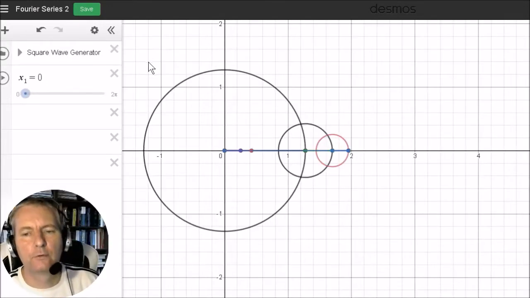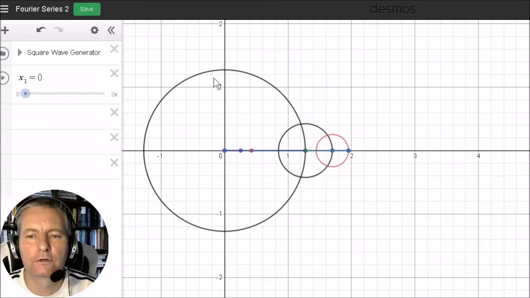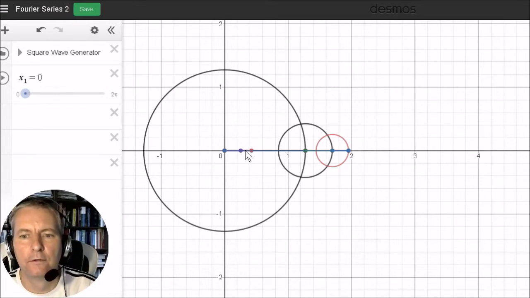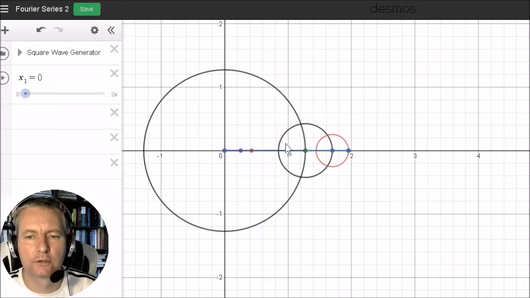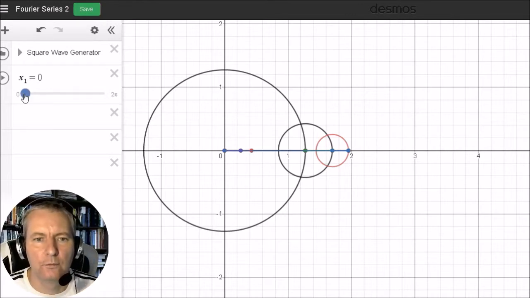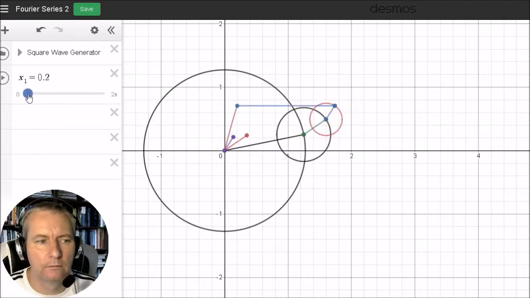So here's another graphical representation of the first, the third and the fifth harmonic summing up to give us that square function. I'll move this along a little bit. Now it's quite a busy little diagram here, so I'll try and explain it. We've got this line here in black.